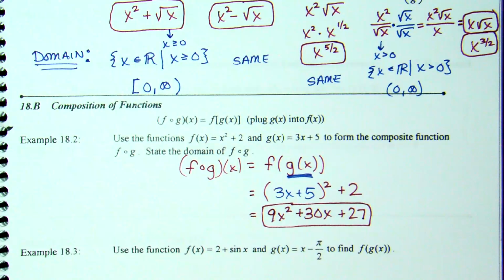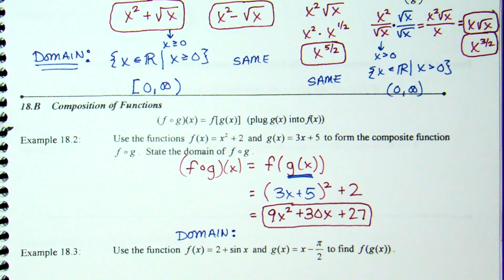It did also ask me to state the domain. When looking at domain, always go back to f and g. Don't just look at what fog was. Look at f and g. Restrictions on f and g. No radicals. No denominators. Nothing to worry about.